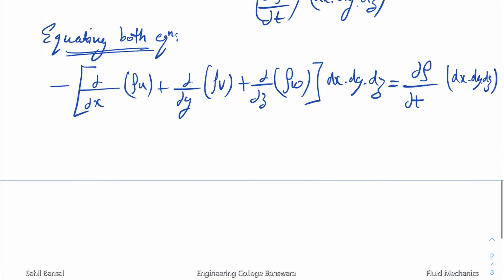Fine. Here I have equated both the sides, right? So now this thing will cut out as it's common on both sides. So dx dy dz will cut out from both the sides.